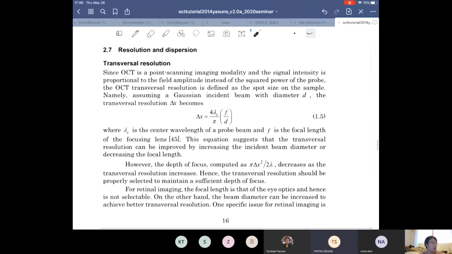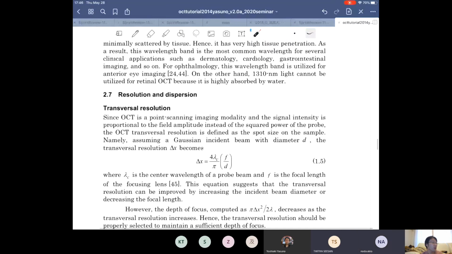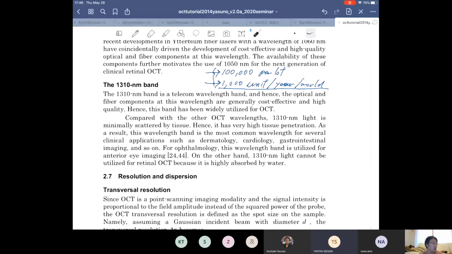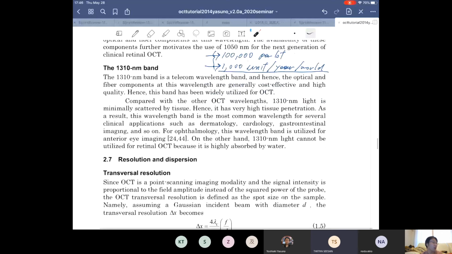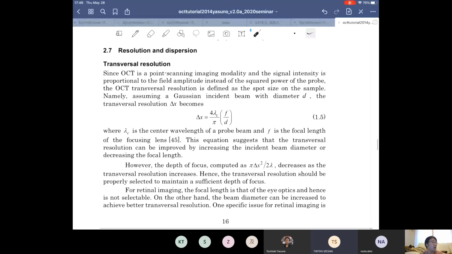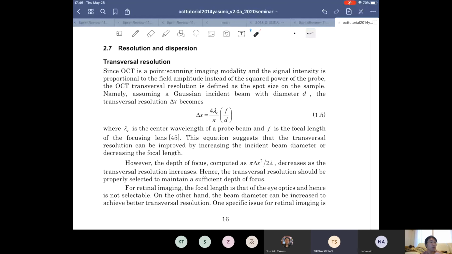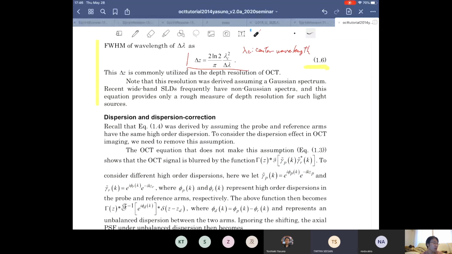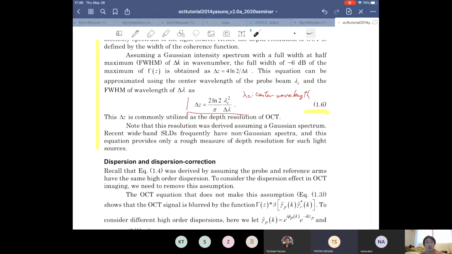So maybe we can do it next time. That was a little short today, but let's close today's seminar. Next time the tutor is Noda-kun, and we are going to start from 2.7.